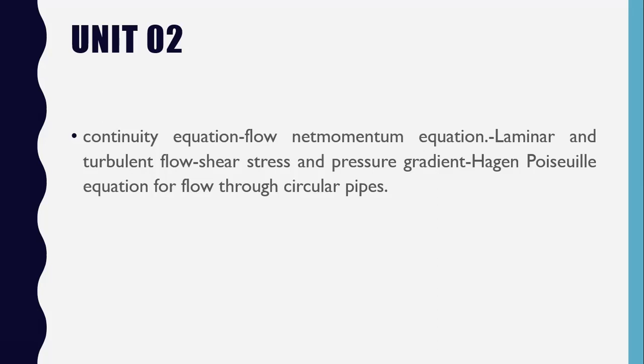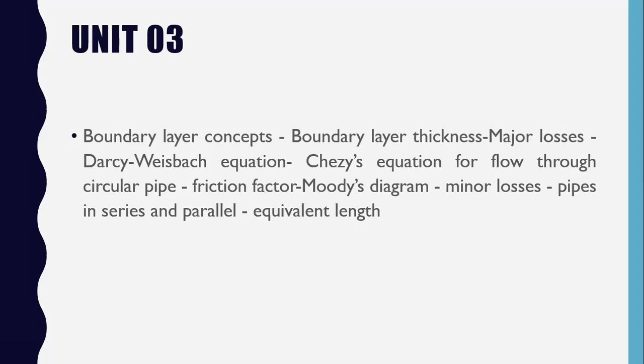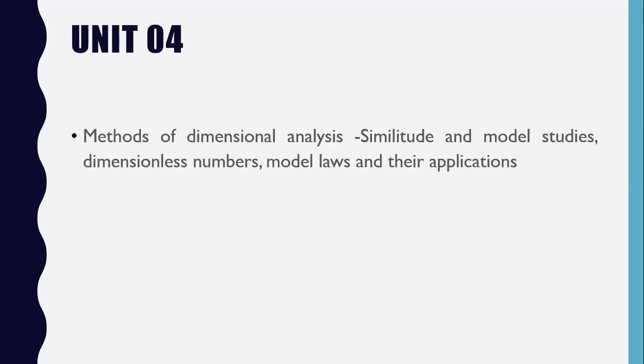So that is your second unit. Unit 3 is boundary layer concepts, boundary layer thickness, major losses, Darcy-Weisbach equation, Chezy's equation for flow through circular pipe, friction factor, Moody's diagram, minor losses, pipes in series and parallel, and equivalent length. So this is your third unit.